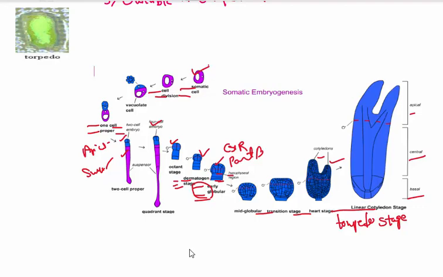So the sequence is first a single cell, right? Then group of cells, right? Then the formation of two cell stage and the four cell stage.